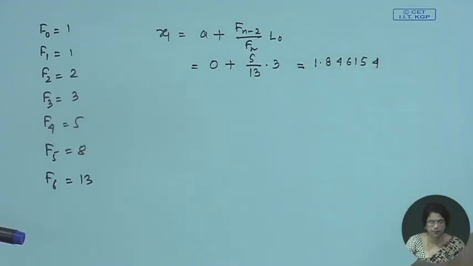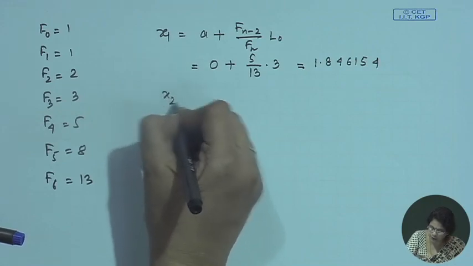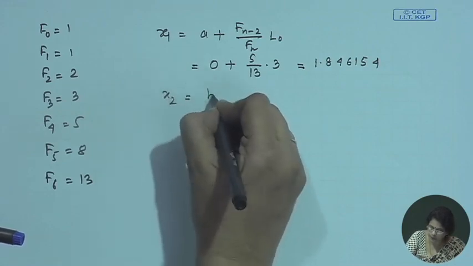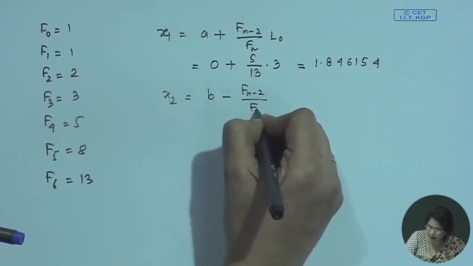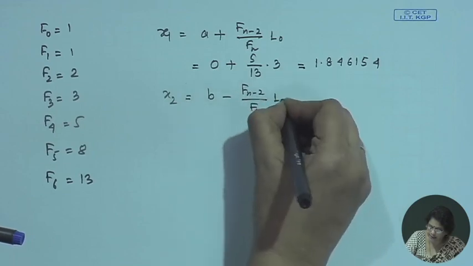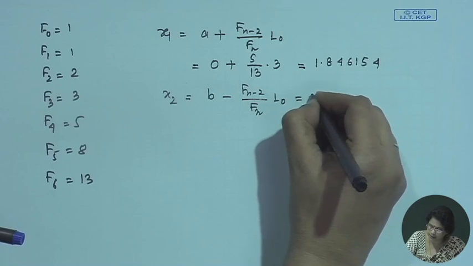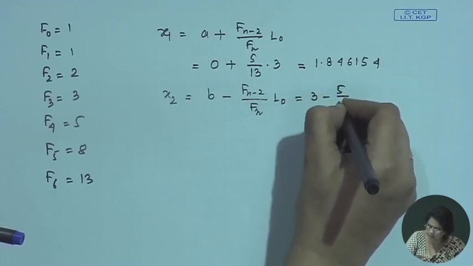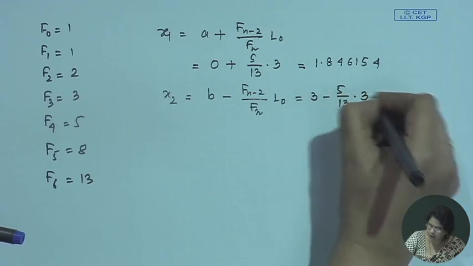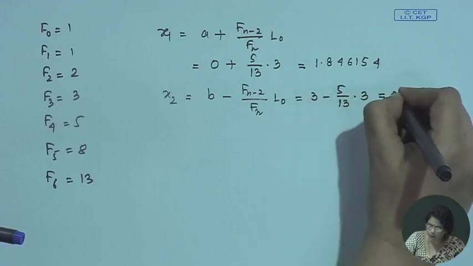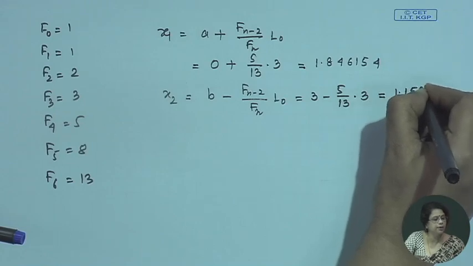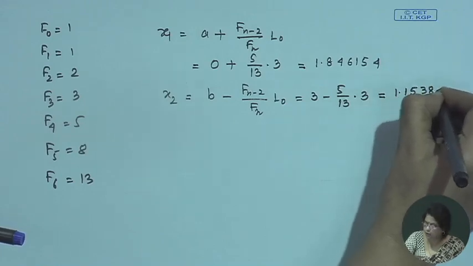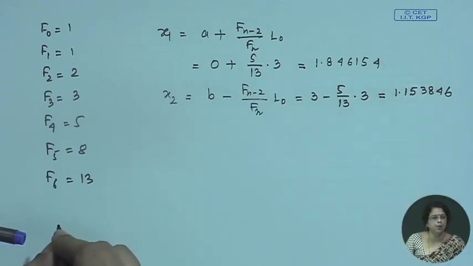And I will take x2. This is equal to b minus Fn minus 2 by Fn into L0. That is why b is equal to 3 minus 5 by 13 into 3, which is equal to 1.153846. I will get 2 approximations.